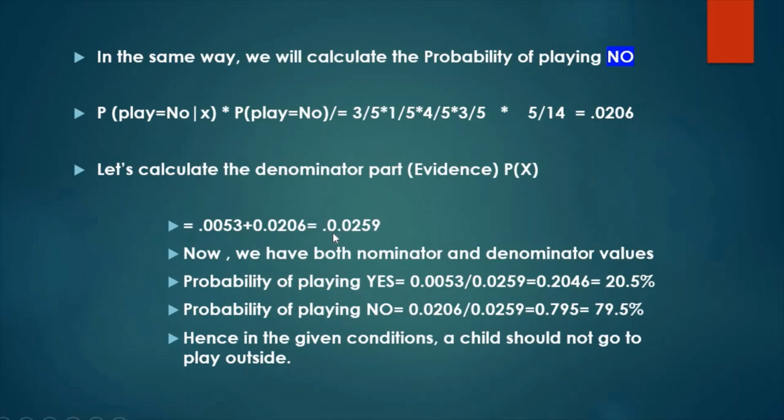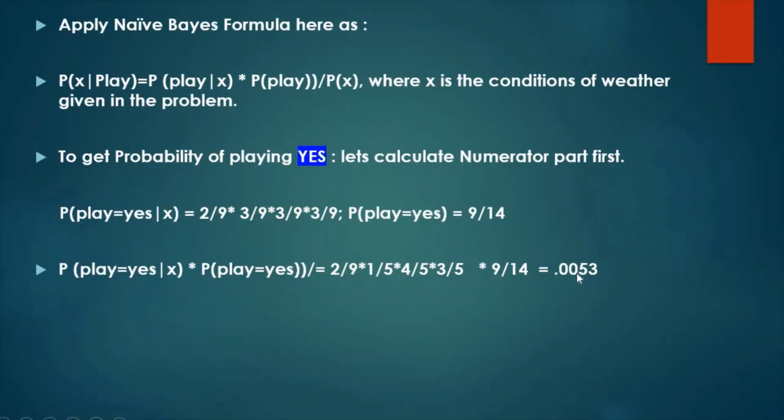Now we have both the numerator and denominator values. So the probability of playing yes is equal to 0.0053 divided by the evidence, which we calculated as 0.0259. It is equal to 0.2046, or in percentage rather than in points, 20.5%.